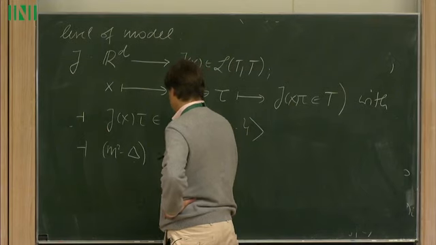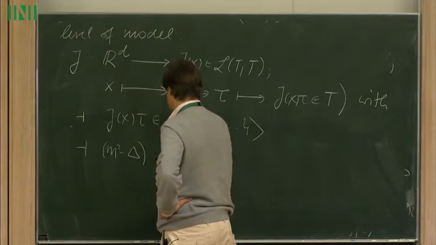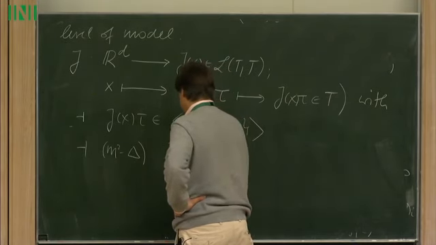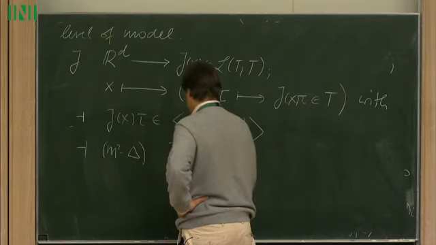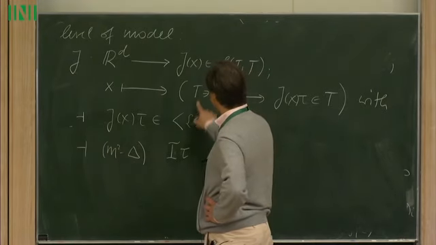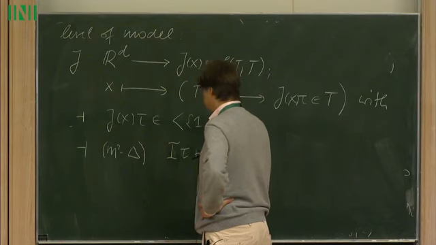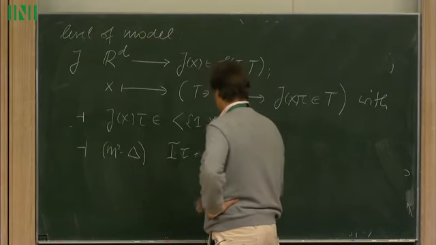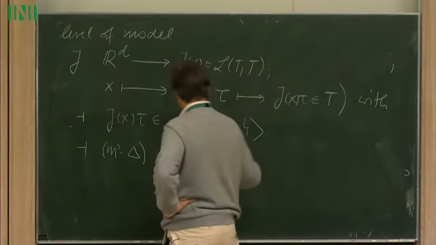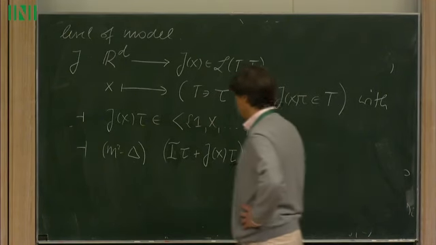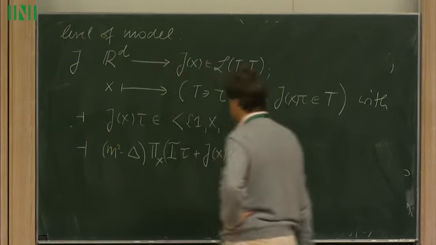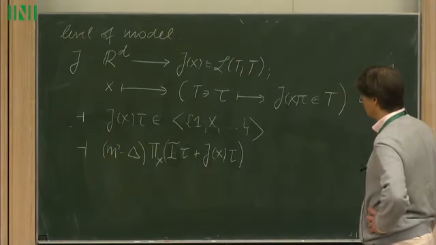If you take I and you look at I tau, so this now is an element of T. You correct it by Jx of tau, and so this is still an element of T. Now you bring it into the real world by applying pi of x. So this is now a distribution.